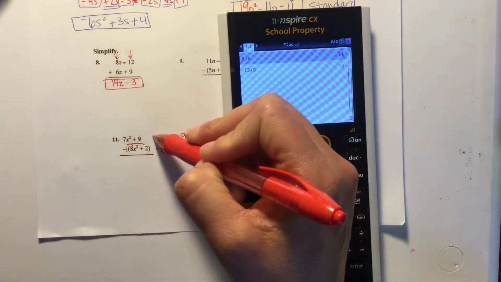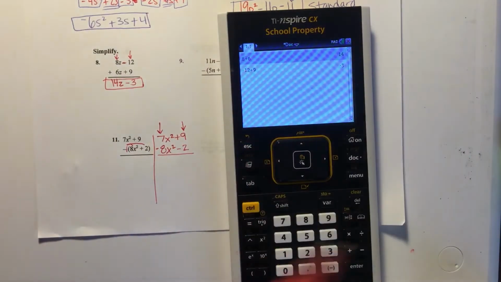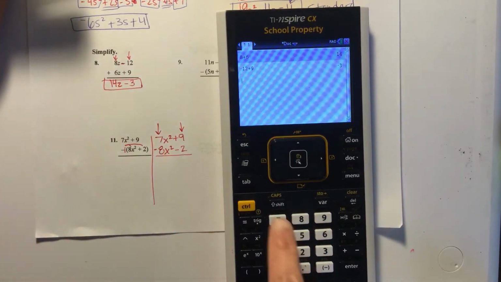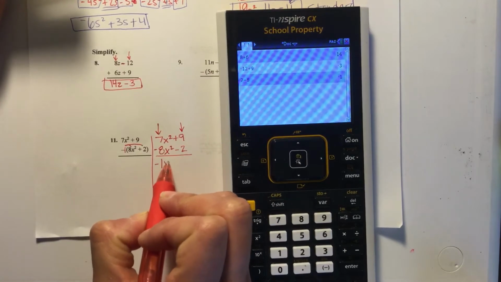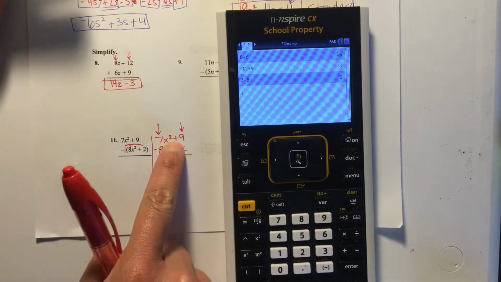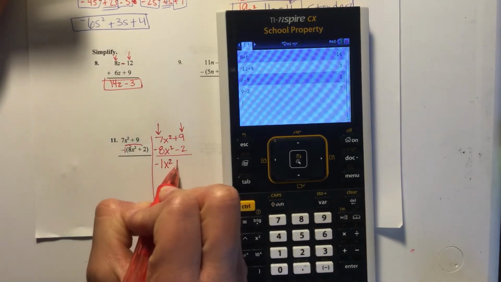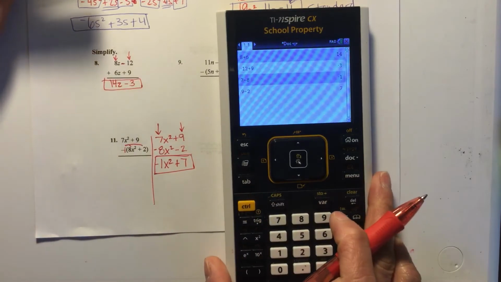Now you can combine your like terms. So you do exactly what's there for each term. So this tells me I'm taking a 7 minus 8, negative 1x squared. Here I'm taking a 9 minus 2, and that's a positive 7, so plus 7. And it's in standard form.